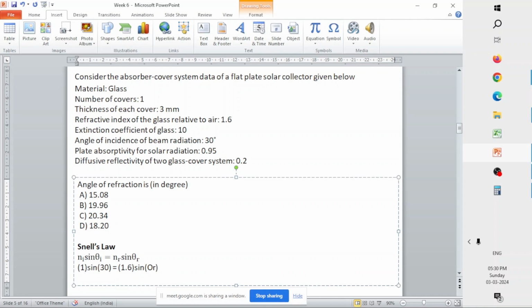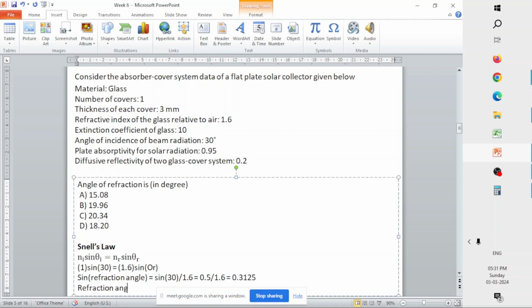So sine of refraction angle is equal to sine of 30 divided by 1.6. Sine 30 is half, divided by 1.6 will be 0.3125. And now you have to take the inverse to calculate the refraction angle.